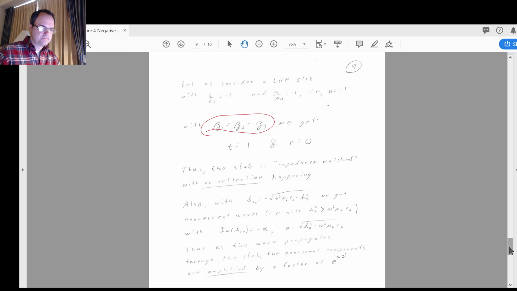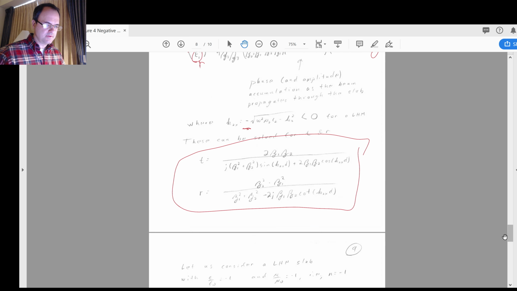And so you get, no, this is wrong. You don't get that. You get e to the minus j k2x d. That's what you get. So t is equal to that. And it's easy enough to see.